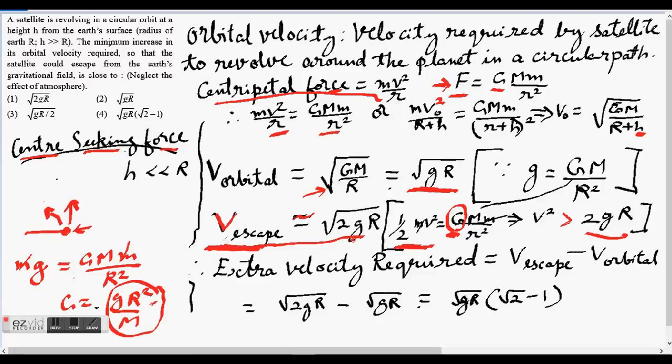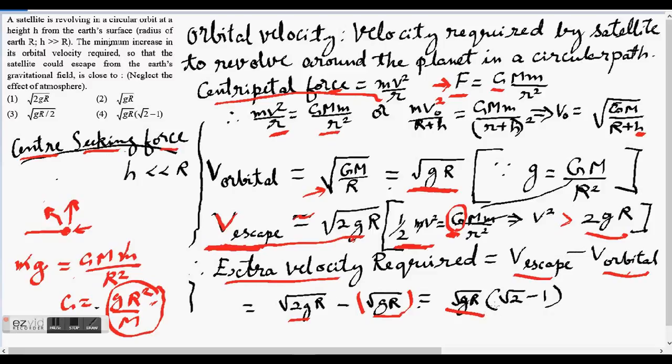Now the question asks us to calculate the extra velocity that the satellite requires to escape the Earth's gravitational field. So extra velocity required is v escape minus v orbital, which it already has. We just calculated v escape as square root of 2gr minus square root of gr, which is the v orbital, and we can take square root of gr common from this expression.